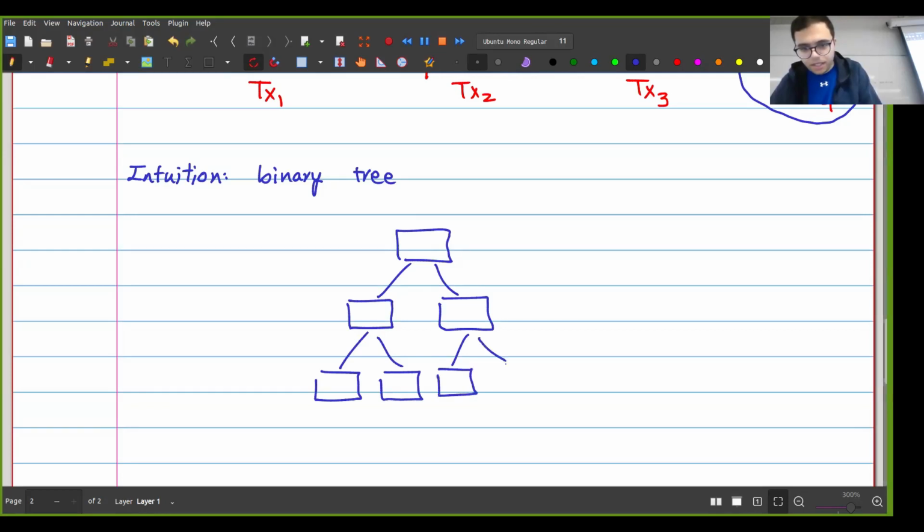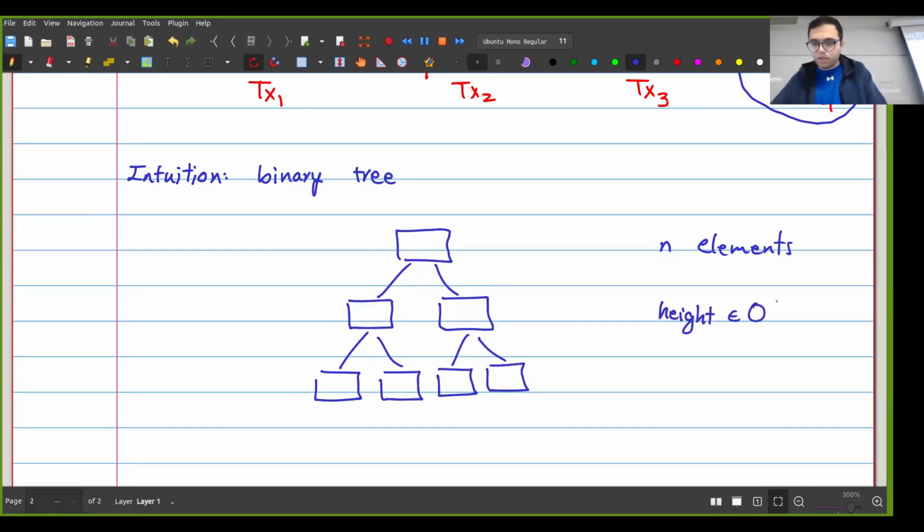Okay. Now, if I have a tree like this, and if I have n elements in the tree, so let's say n nodes or n elements, what is the height of this tree? It's logarithmic in n, right? So my height is just going to be O(log n).